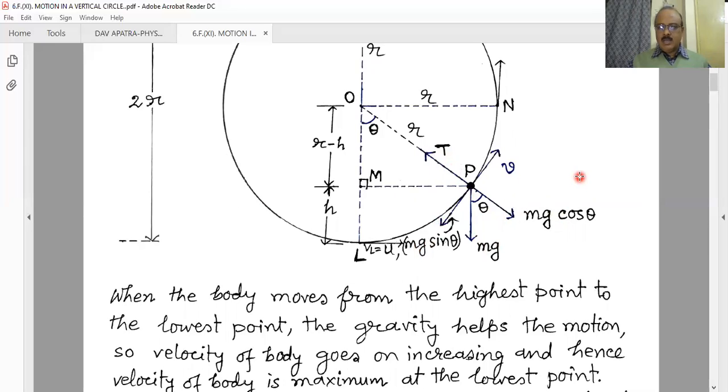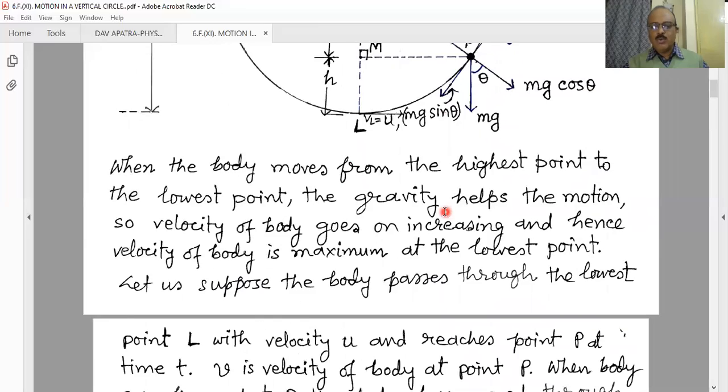The centripetal force is always acting toward the center, and the net force here will be T minus mg cos theta, because T is acting toward the center of the circular path, and mg cos theta, the component of mg, is exactly opposite in direction to the tension T. Therefore, the net force T minus mg cos theta will provide the necessary centripetal force.